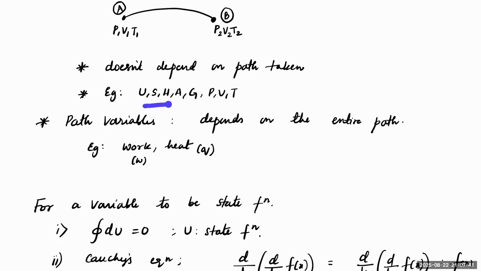Along with that, these are the new parameters that you need to slowly start getting habituated with. Easy way to remember is this. Remember it this way: USHAG. U as in internal energy, S entropy, H enthalpy, A Helmholtz energy, G Gibbs free energy. All these are energy terms, different forms of energies.